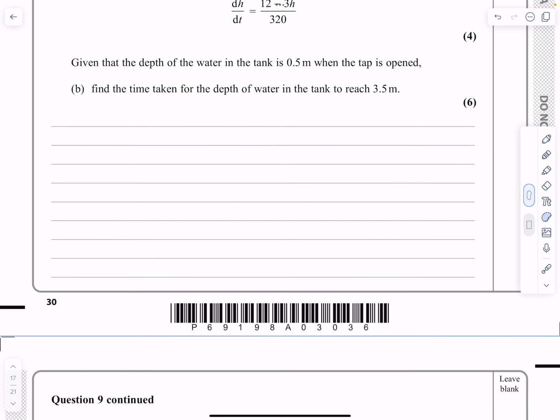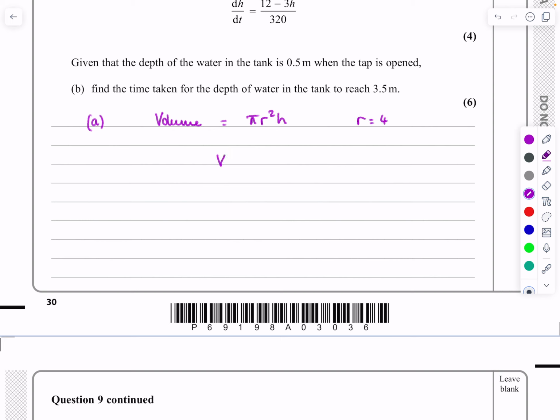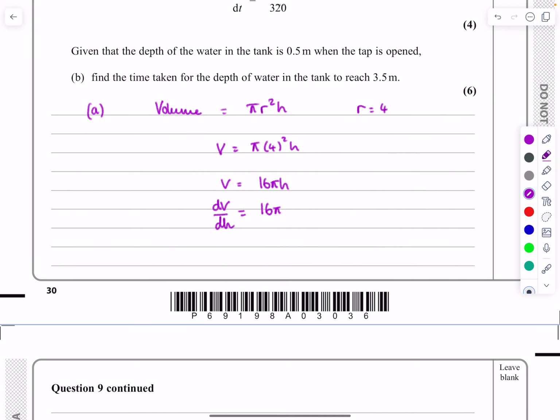So what we can begin by saying is pretty much the last thing that I just said there, which is I know volume of a cylinder is equal to pi r squared h, but in this case r is equal to 4, so I'm going to get V is equal to pi 4 squared h. I'm going to get V is equal to 16 pi h, and so that means I can get one of my dVs, one of my dV by dH in this case, differentiate that, gives me dV by dH is equal to 16 pi.